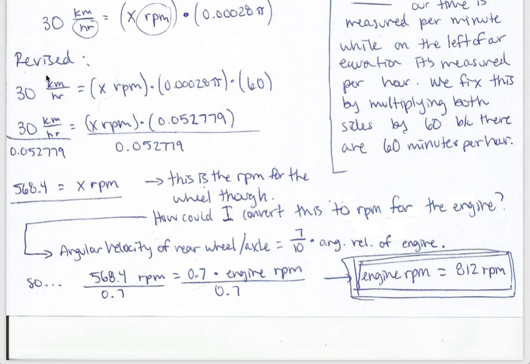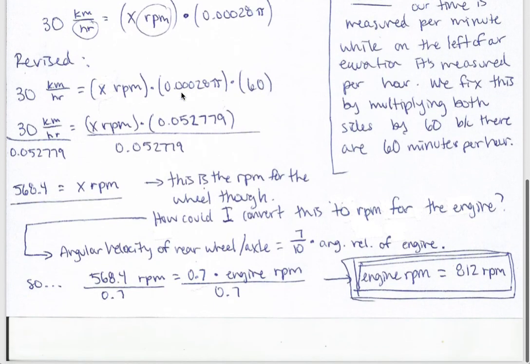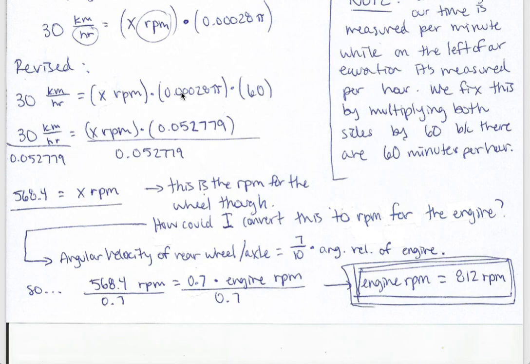So you'll notice here I've got kilometers per hour, RPMs, and I set things up ahead of time so I know what I'm doing and what each piece is, and so that in the end, right here, it looks a little vague: 568.4 equals x RPM. For most of us, myself included, I probably would have said that's my answer because it's x RPM.